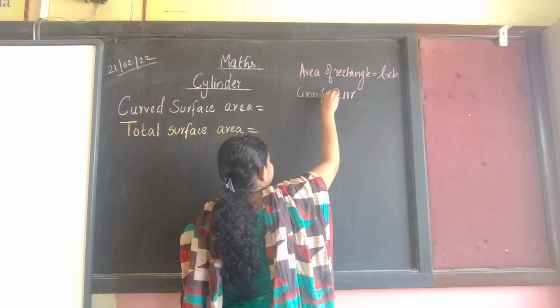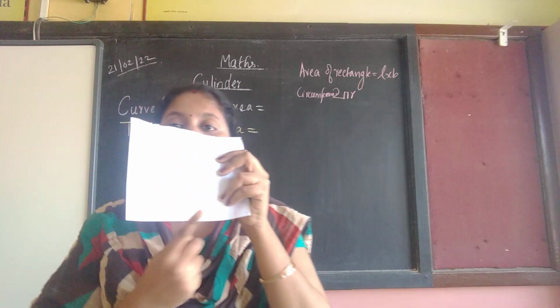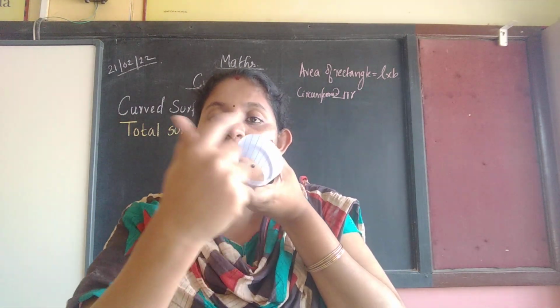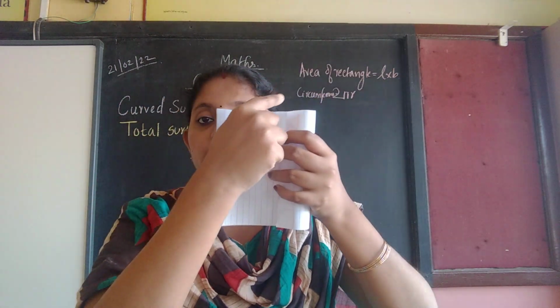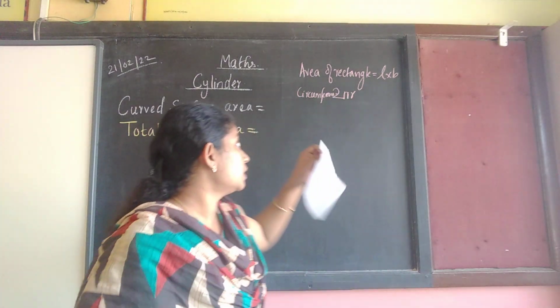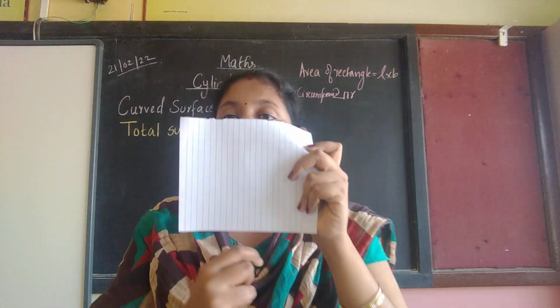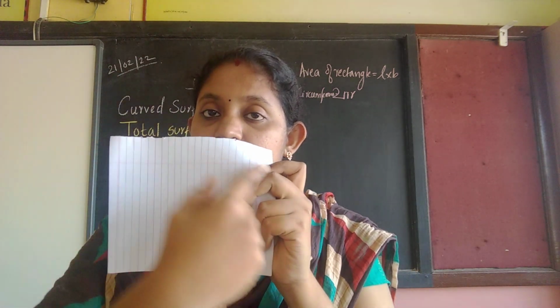Correct? So this is the length, where on both sides you can see the circumference, where the length becomes round when we make it a cylinder, and when we open it, this length of the rectangle is nothing but 2 pi r. Here also 2 pi r, here also 2 pi r. And what is this? Height. So it becomes a rectangle.